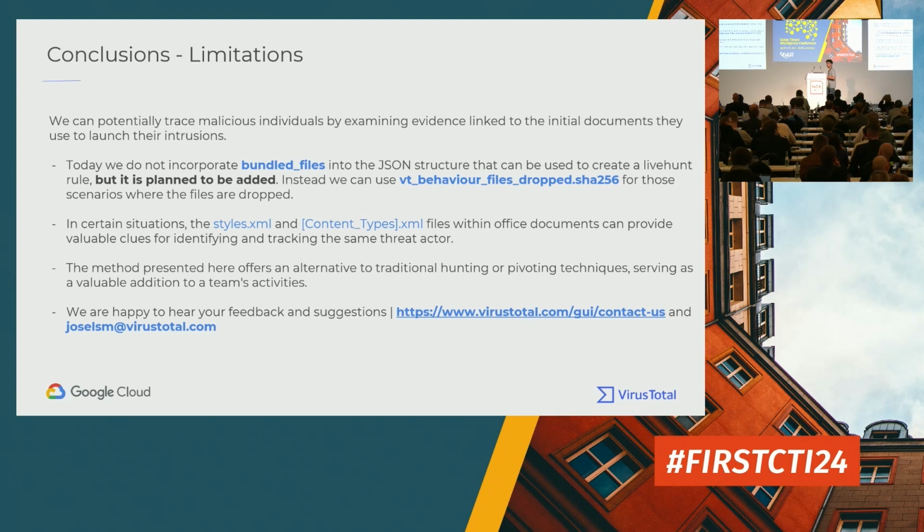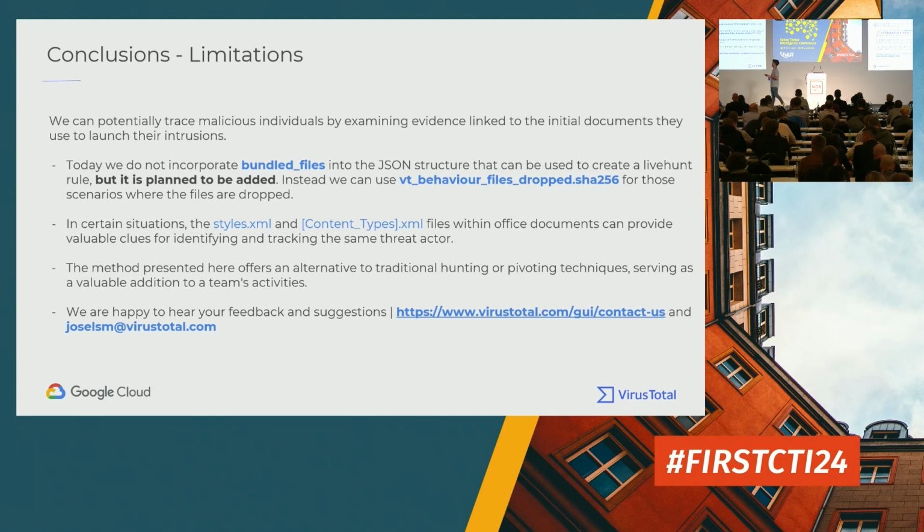I mean, you cannot create Livehunt rules based on bundle files of Word documents nowadays. It's something that we are exploring to add, but instead of that, you can use the file drops. And this can be used, for example, for the PDF files. If you remember, in the PDF file, the image is a drop file and not a bundle file.